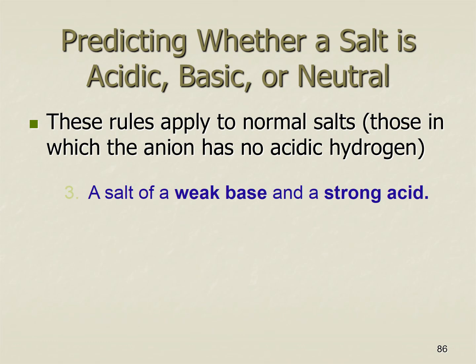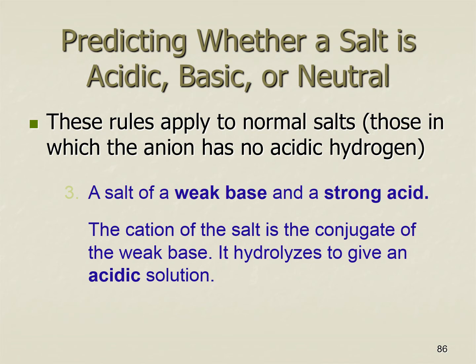A salt of a weak base and a strong acid: if the positive ion is something other than those 6 strong base positive ions, Na, K, Li, Ca, Sr, Ba, and the negative ion comes from a strong acid, so Cl negative, I negative, Br negative, NO3 negative, ClO4 negative, then the positive ion will have some acidic character to it, and so overall that salt will be acidic.